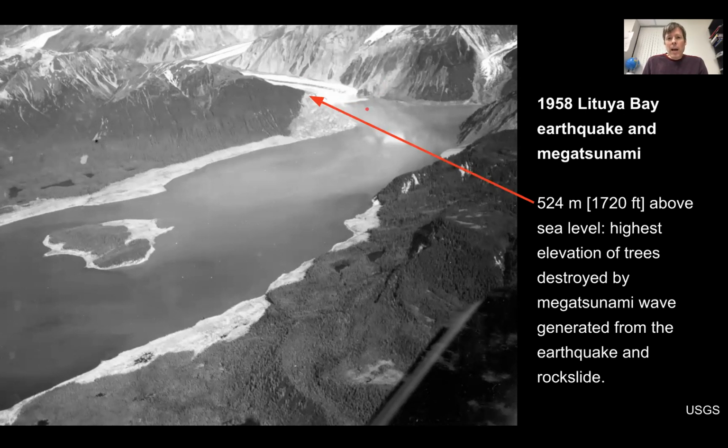And that point, just to give a sense of scale, is 1,720 feet or 524 meters above sea level. It's the highest wave ever recorded on the planet. And this happened in association with a 7.8 earthquake in southeastern Alaska.